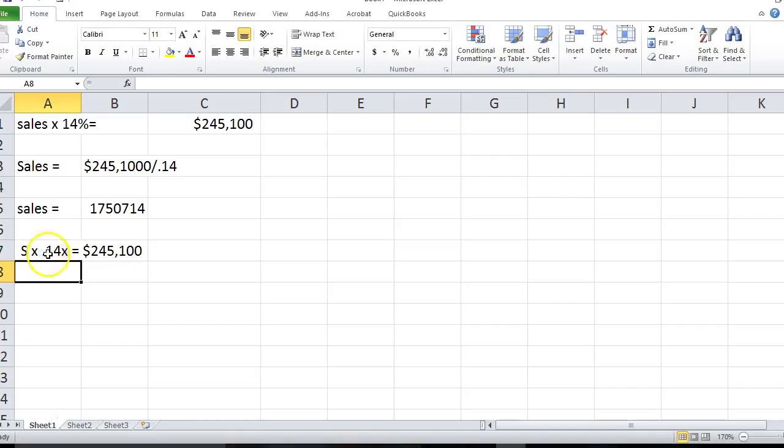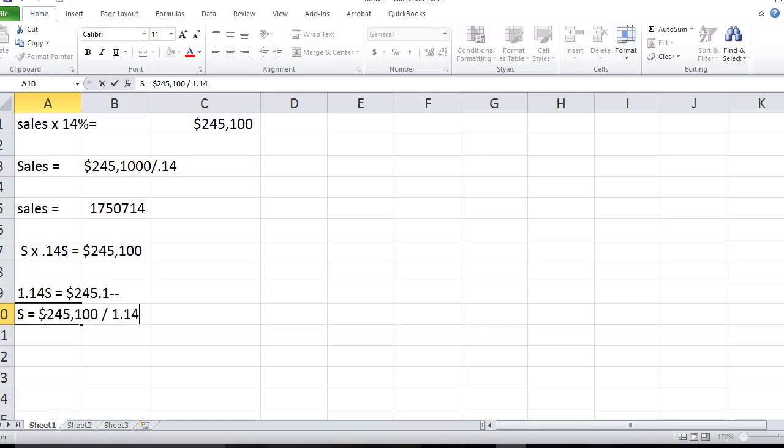Sales plus 14% of sales, not X, but sales, equal 245,100. Okay? So what we need to do is 1.14 of sales equals 245,100. We divide each side by 1.14 to isolate the sales, S, on its own. S equals 245,100 divided by 1.14. Then you know that S equals, what did we say, 215?